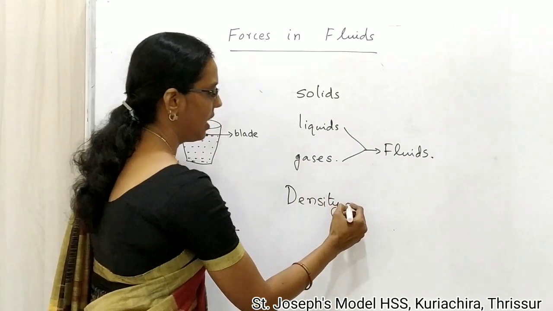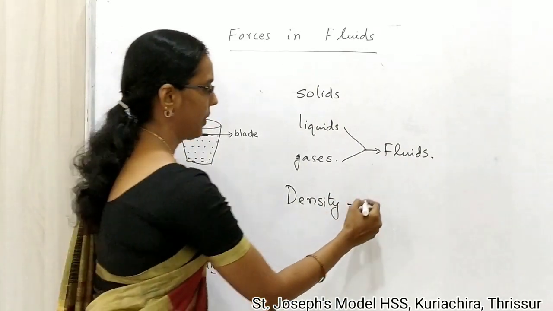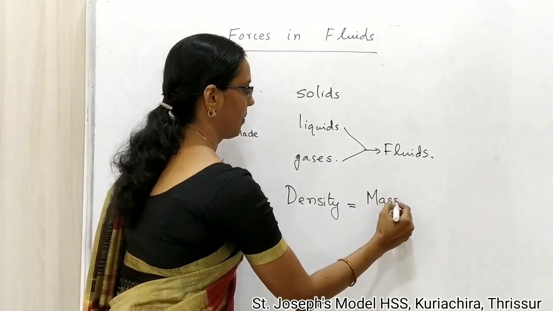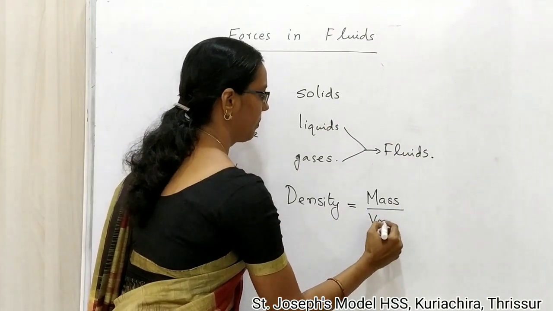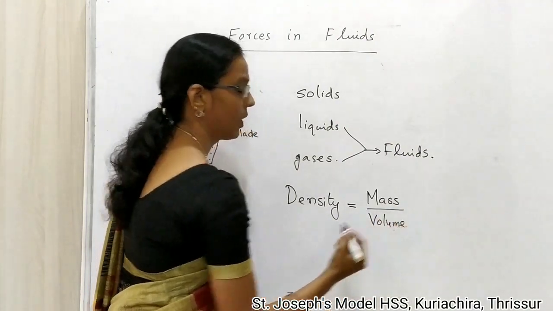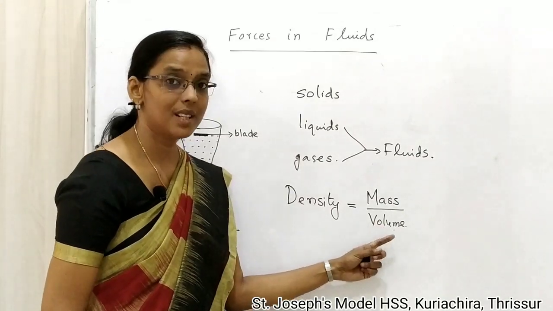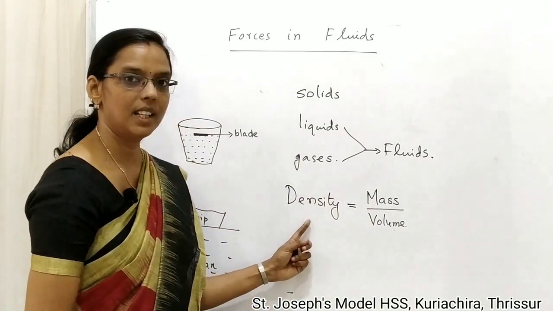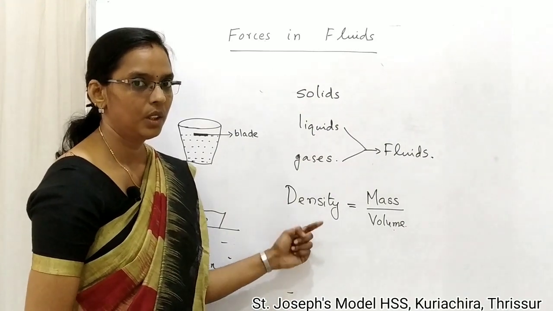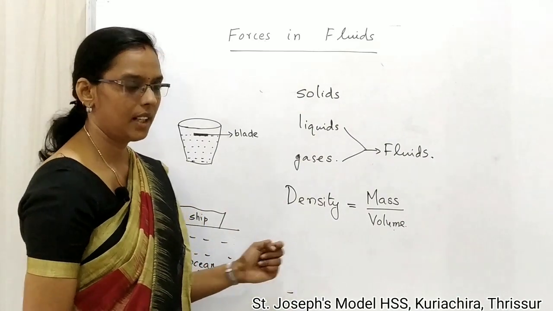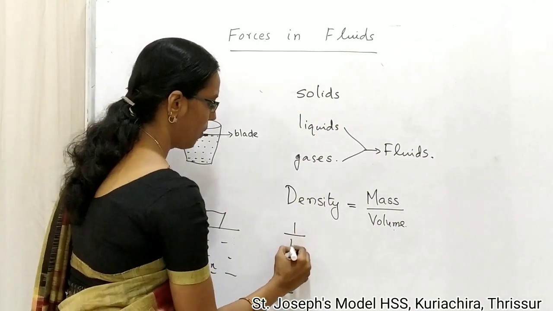What is density? Density is mass divided by volume. Okay, so if volume is very large, density is very low. To understand that, consider 1 by 10.